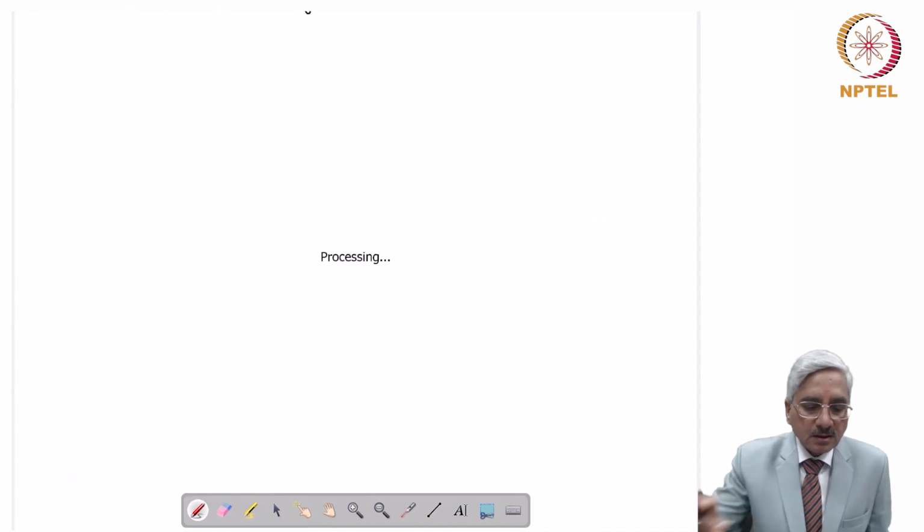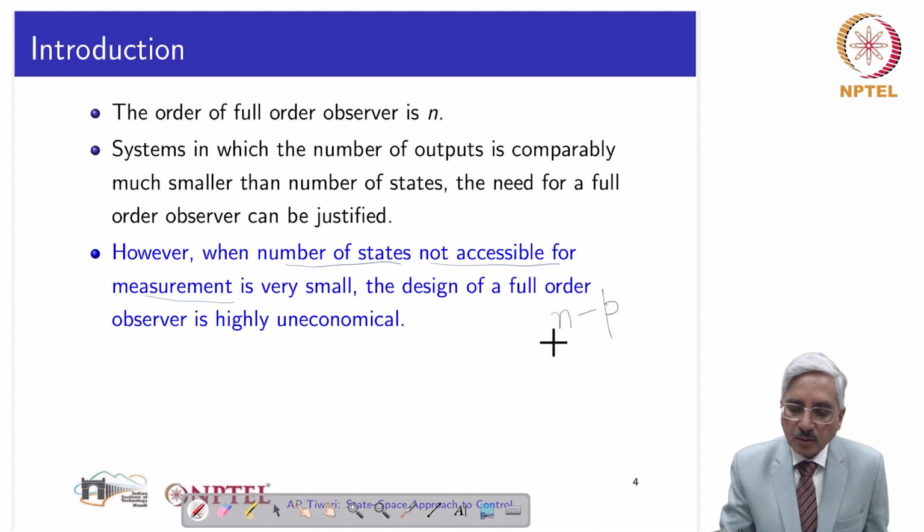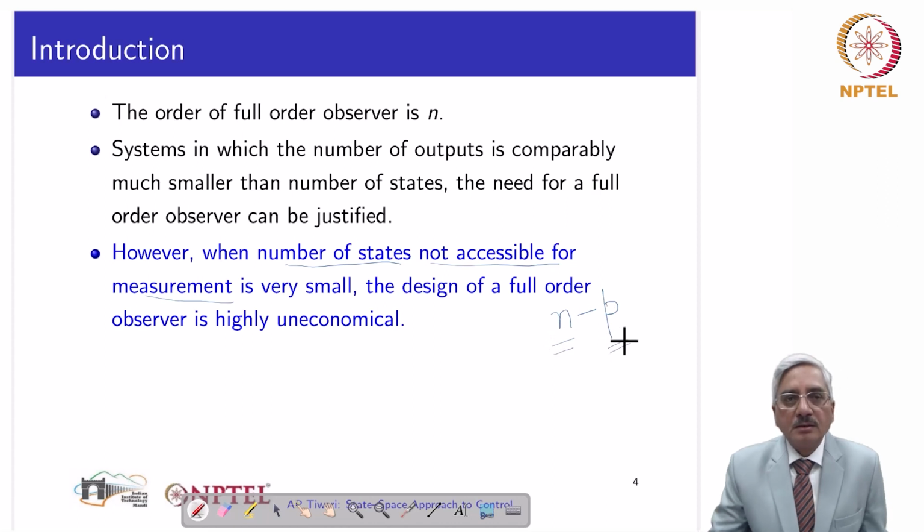However, consider systems in which the number of states not accessible for measurement, that means n minus p, where n is the total number of states and p is the number of independent outputs, meaning that up to p states we have accessibility.